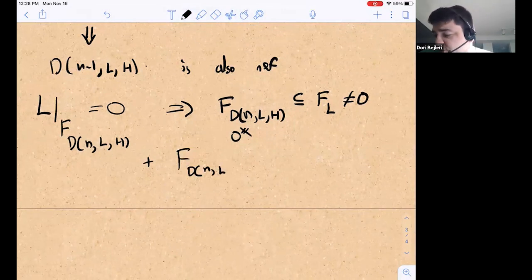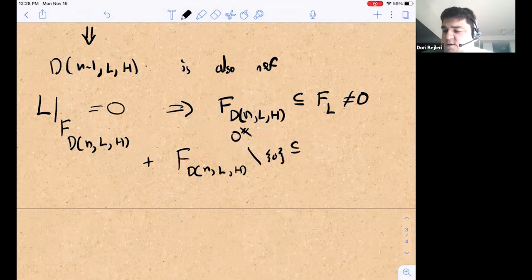Or equivalently, we want to know that this minus 0 is contained in the strictly k negative part.